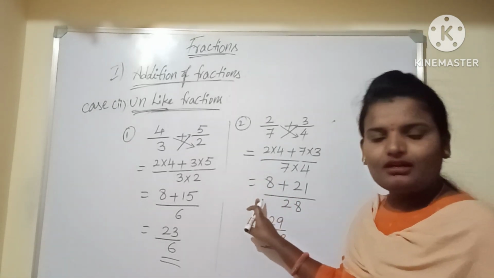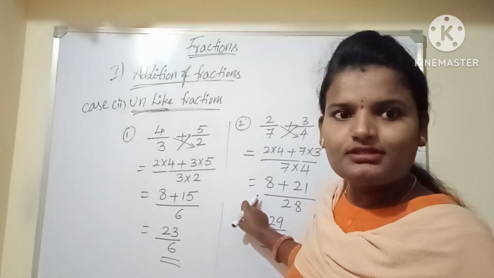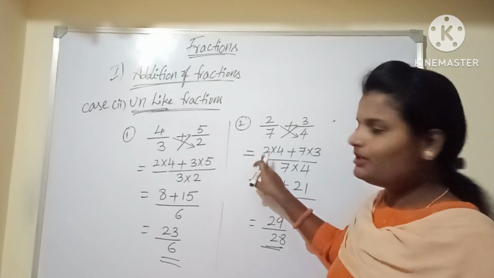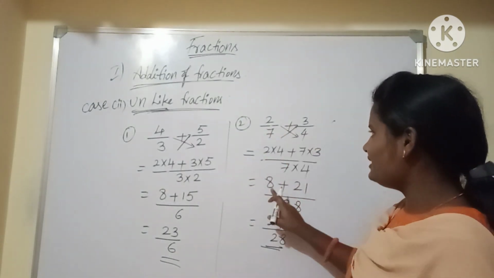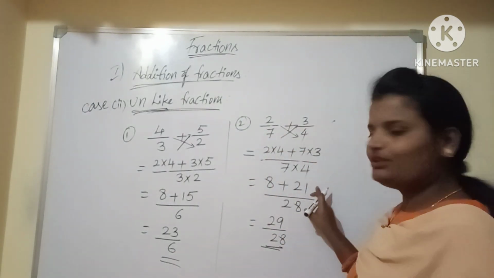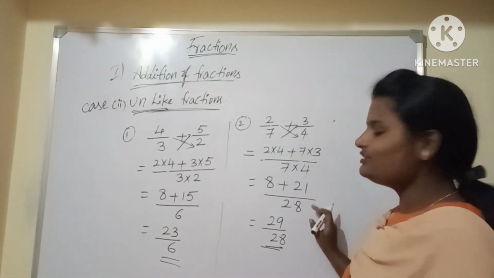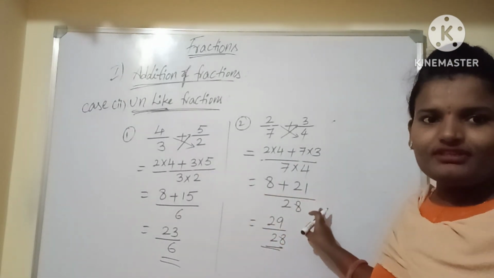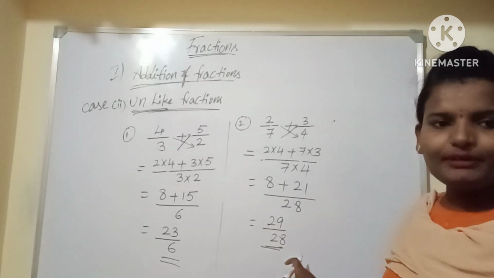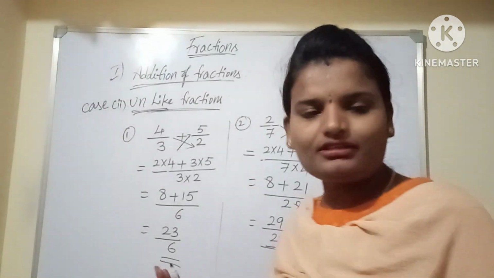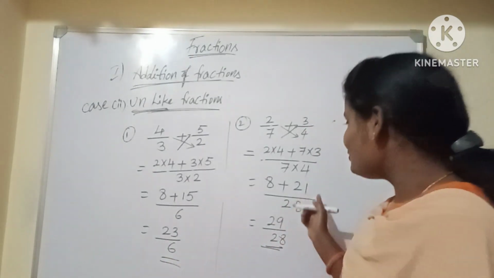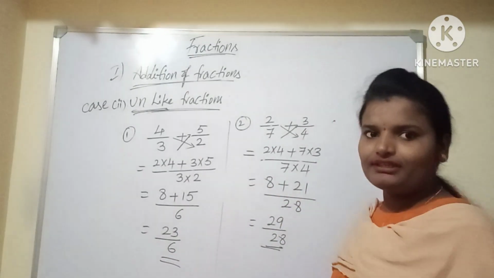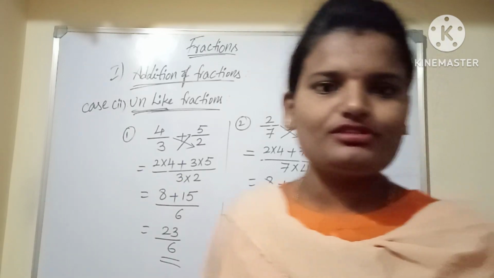We can directly say 2 fours are 8 plus 7 threes are 21, divided by 7 fours are 28. That equals 8 plus 21, which is 29, divided by 28. Directly we can take it. Have you all understood?